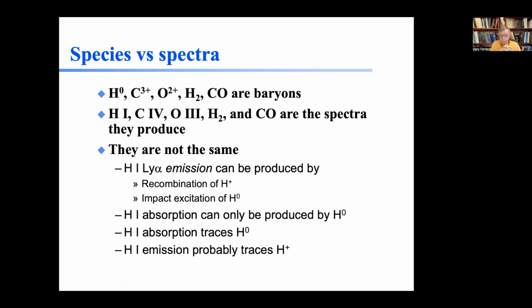Then lastly, let's think about a nasty habit astronomers have in mixing up species and spectra. They're not the same, and you can get into trouble with it. So H naught, C3 plus, O2 plus, H2 and HCO, they're baryons. That's matter, it's mass. This other notation we've seen, H1, carbon 4, O3, that's a spectroscopy notation that indicates a collection of photons that was detected.